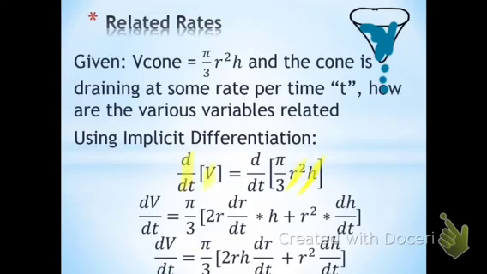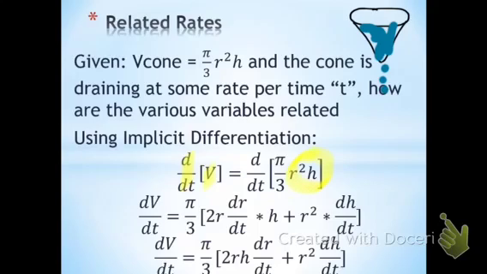Now understand, dv/dt is talking about the slope, the rate of change of the volume at some moment in time. And that's going to be equal to, we can bring our pi thirds out and deal with these two guys right here.